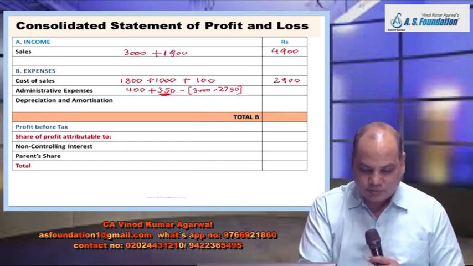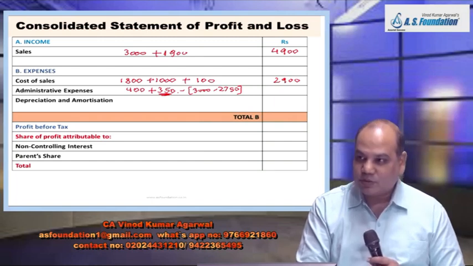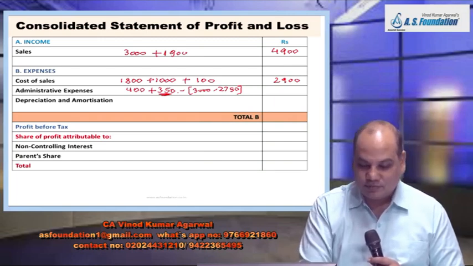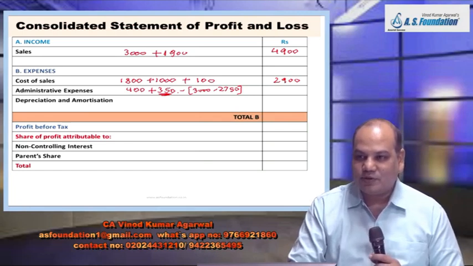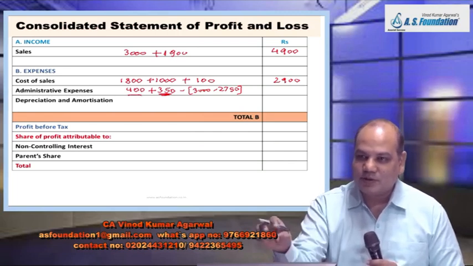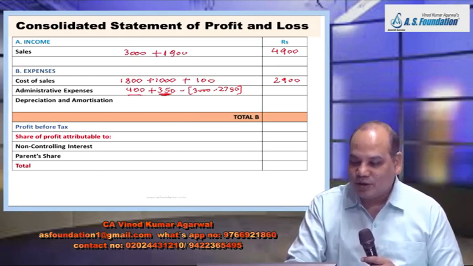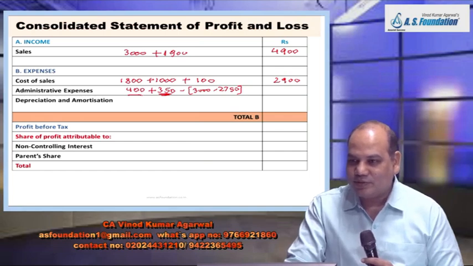Some students said, go to last year. Last year parent's property plant equipment was 7,000. Now it is 6,500. So depreciation is 500. That is your suggestion, but the total administration expense itself is 400 given. So we don't know. I can't say minus something.